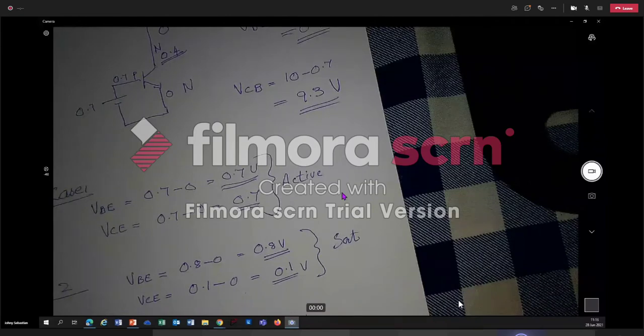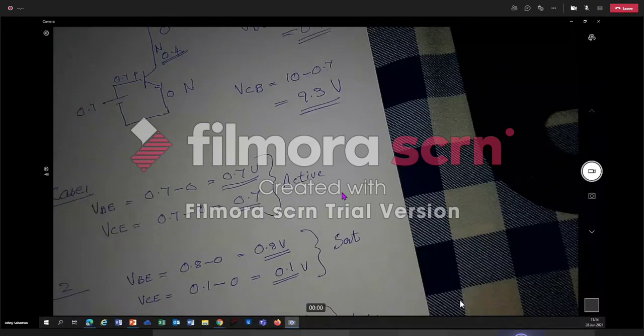Voltage at the collector is 0.7 volt minus voltage at the emitter, minus 0.7. Minus plus, it is 1.4 volt. So this is certainly active. And I want all of you to work out all the remaining problems by yourself. For me working them out again and again doesn't make any sense at all. I'm leaving it for you.